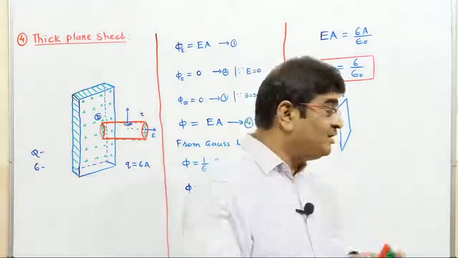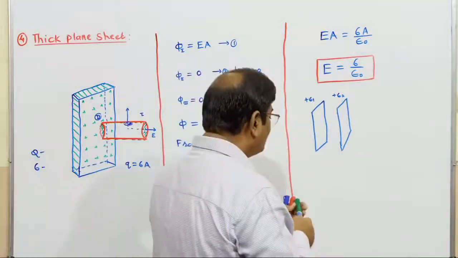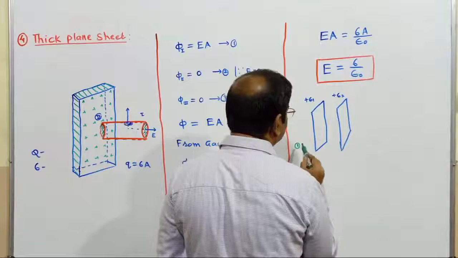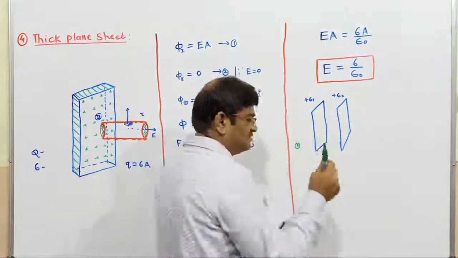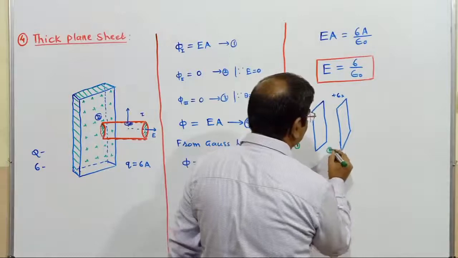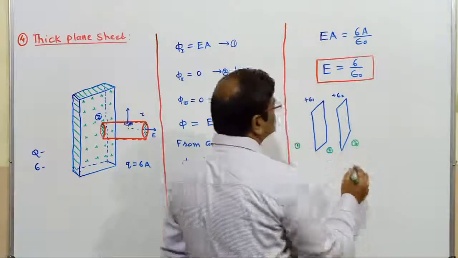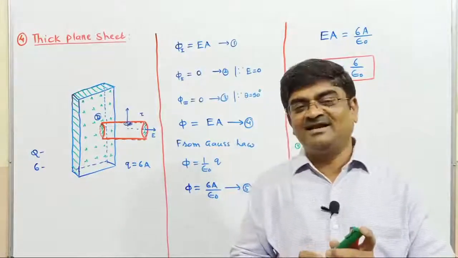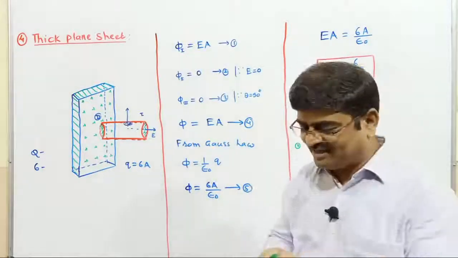And now, due to this arrangement, my interest is calculating electric intensity outside this side, in between, and again outside. So these are the three locations where I would like to calculate electric intensity. Let me do that then.